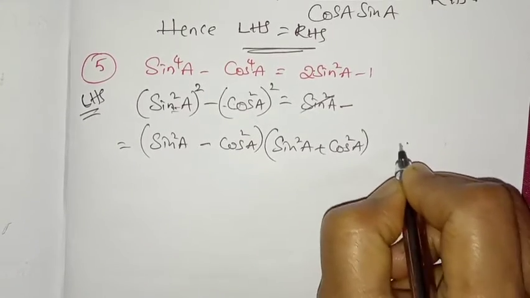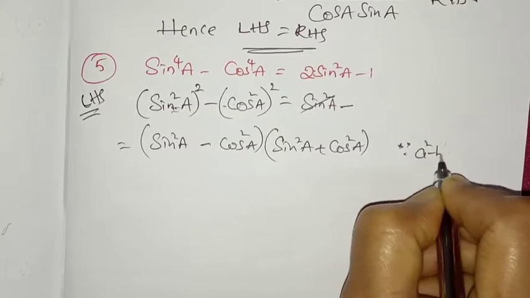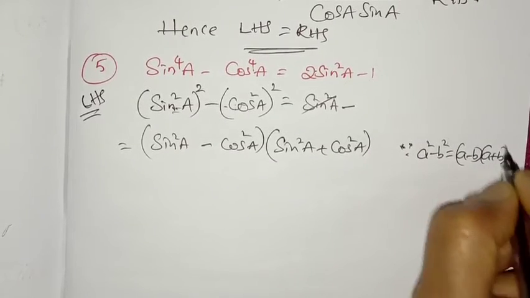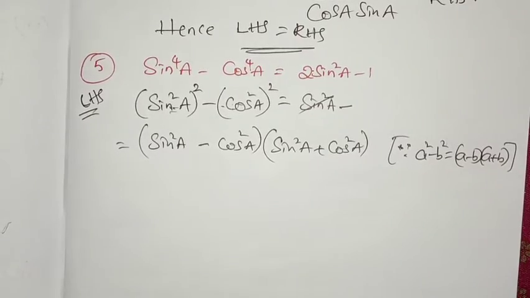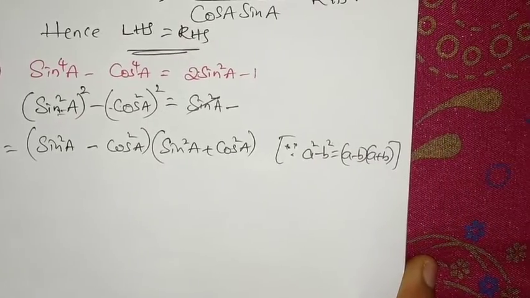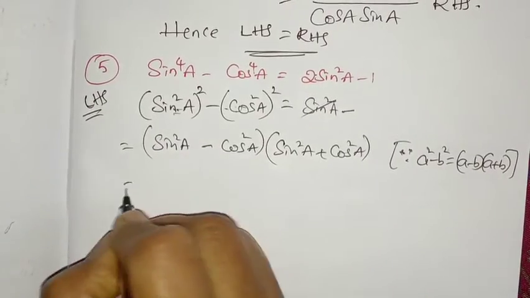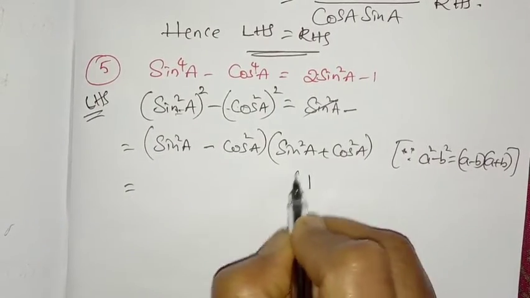Since a square minus b square equals (a - b)(a + b), I am just writing it in that form. Now sin^2 a + cos^2 a is nothing but 1.